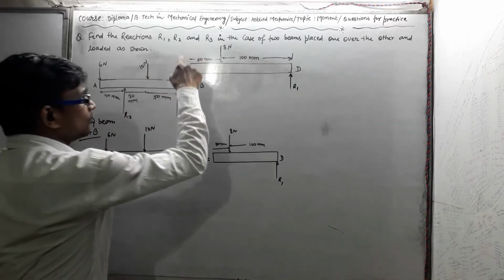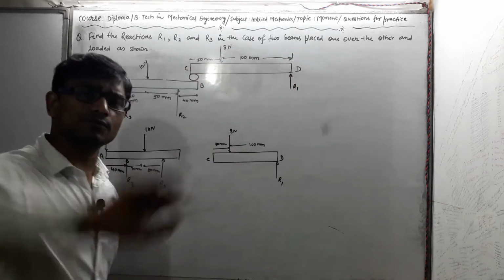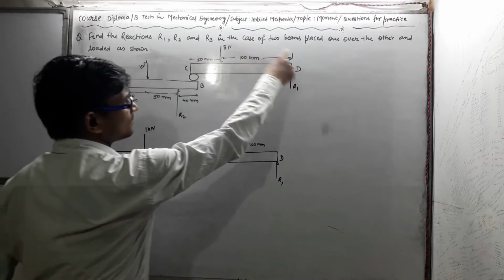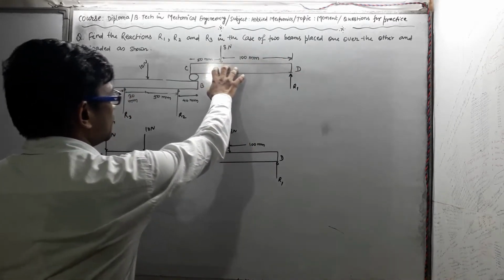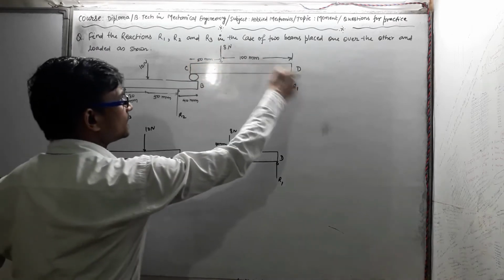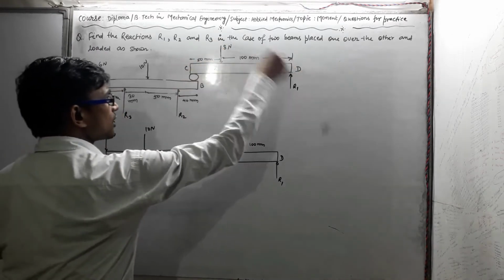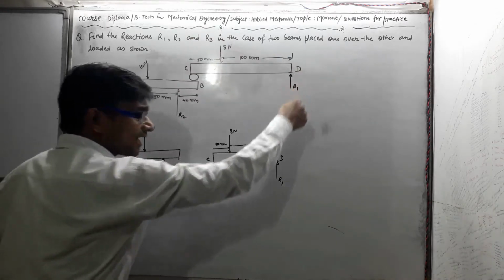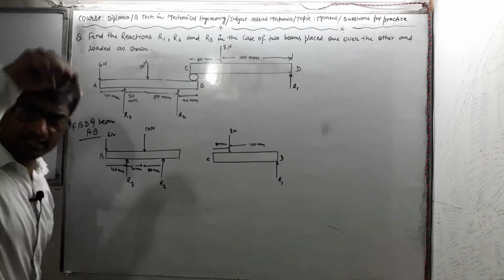So beam CD has some weight. Due to this weight, or different types of vertical load acting on this beam, beam CD would apply some reaction force on the beam AB in the vertical direction.